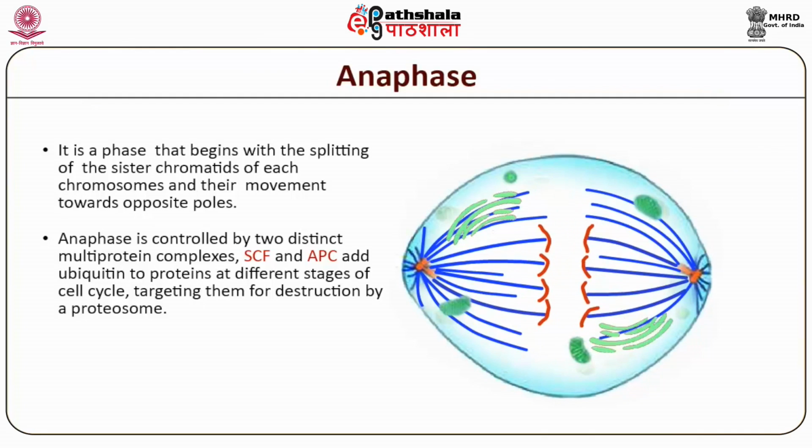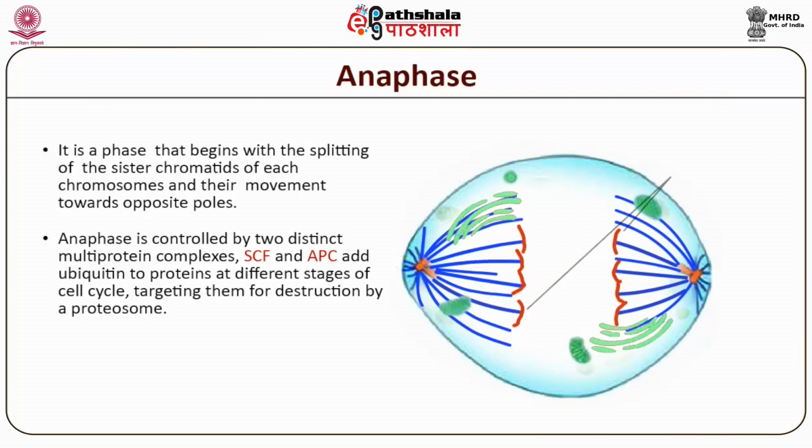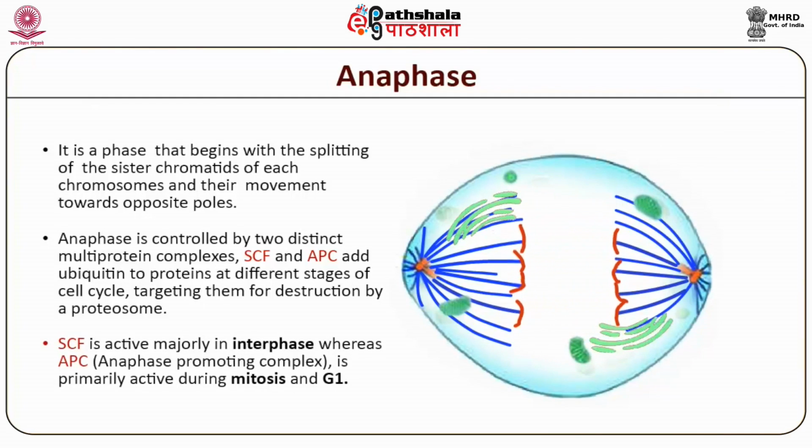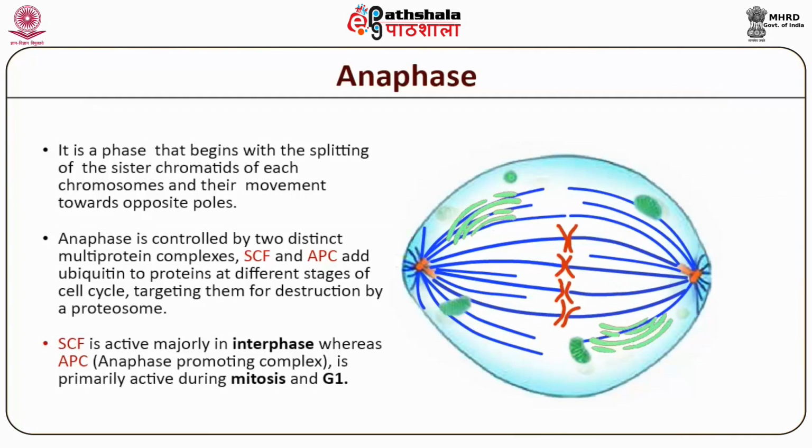These adapter proteins alter substrate recognition by the APC complex. SCF, known as SKP-cullin-F-box containing complex, is majorly active during interphase, and APC, which is known as anaphase promoting complex, is primarily active during mitosis.